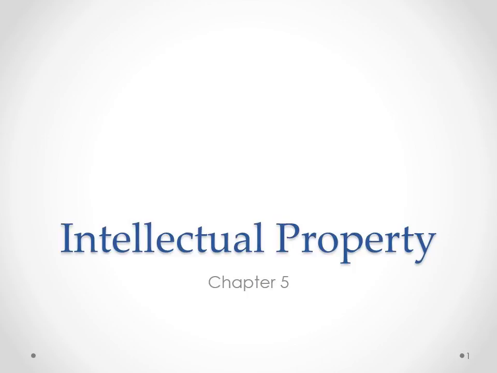Trouble is, for the most part, you can't interact with it in the physical realm. It's intellectual. It's visual most of the time. It's what you hear, what you see, sometimes even what you think, right? That's intellectual property. There are three broad categories of intellectual property.